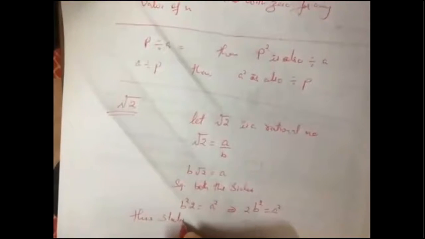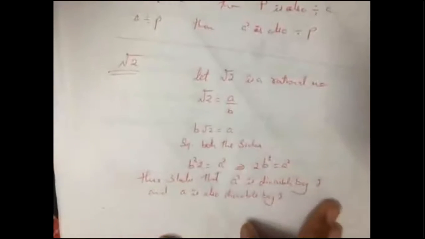This states that a square is divisible by 2 and a is also divisible by 2. If a square is divisible by 2, that means a is also divisible by 2.